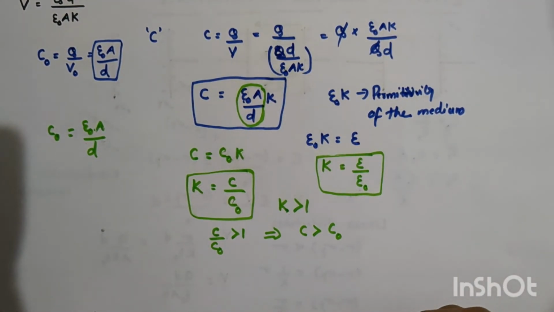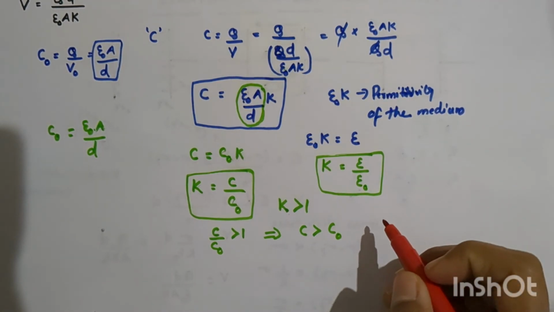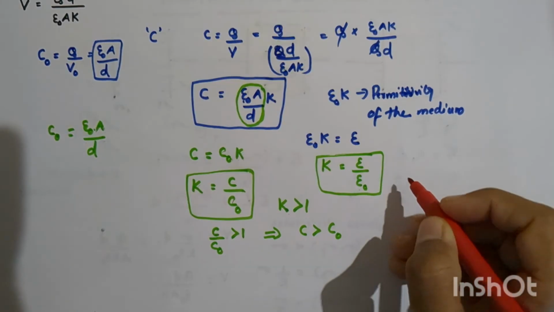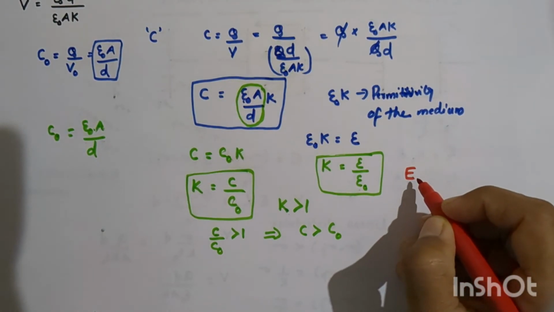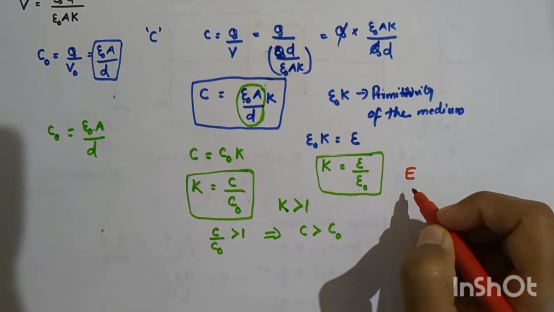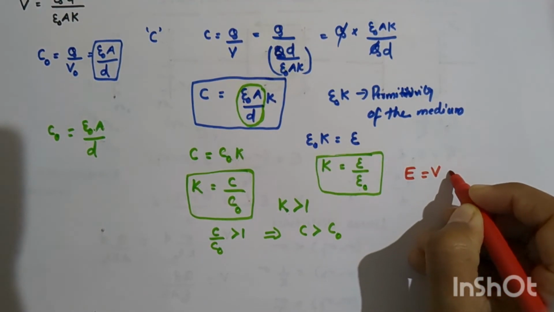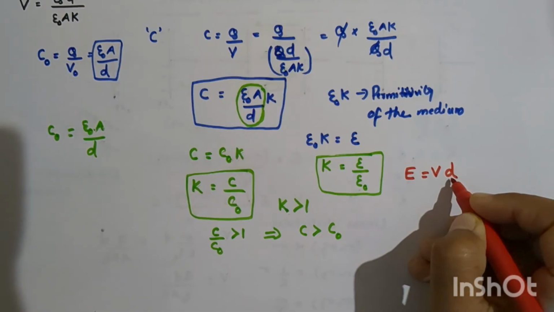When there is a dielectric present in between the two plates of the capacitor, the strength of the electric field decreases. We know that electric field is the potential difference divided by the distance between the two plates of the capacitor.